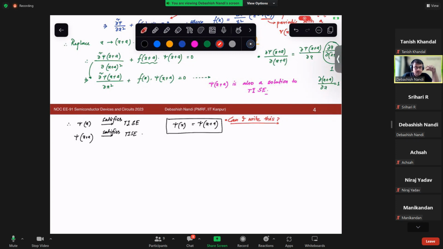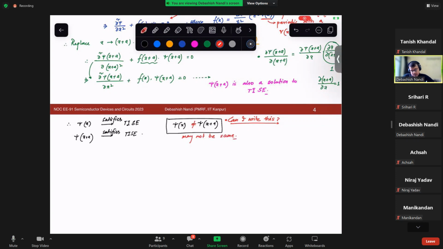If two values satisfy the same equation, does that mean that the two values should be same? No, sir. So not, right?